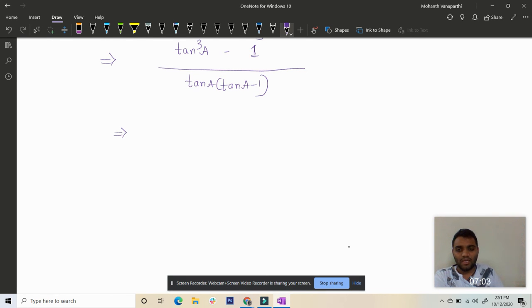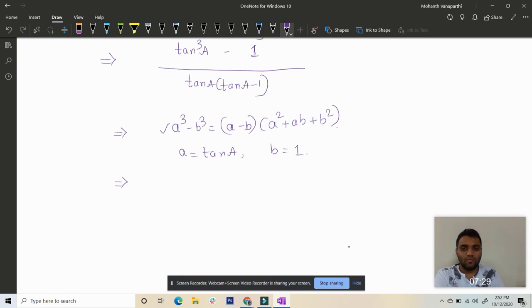If I apply the a cube minus b cube identity, a cube minus b cube is equal to a minus b into a square plus ab plus b square. In the above expression, if I compare, a is equal to tan A and b is equal to 1.